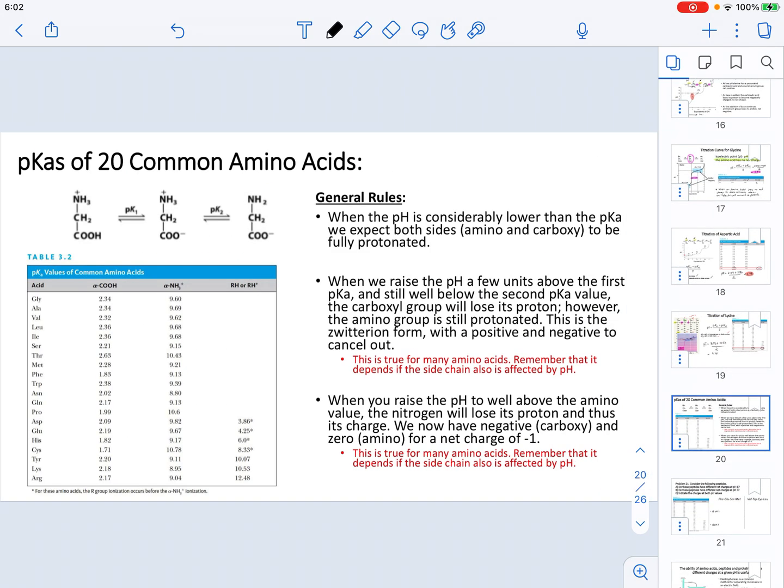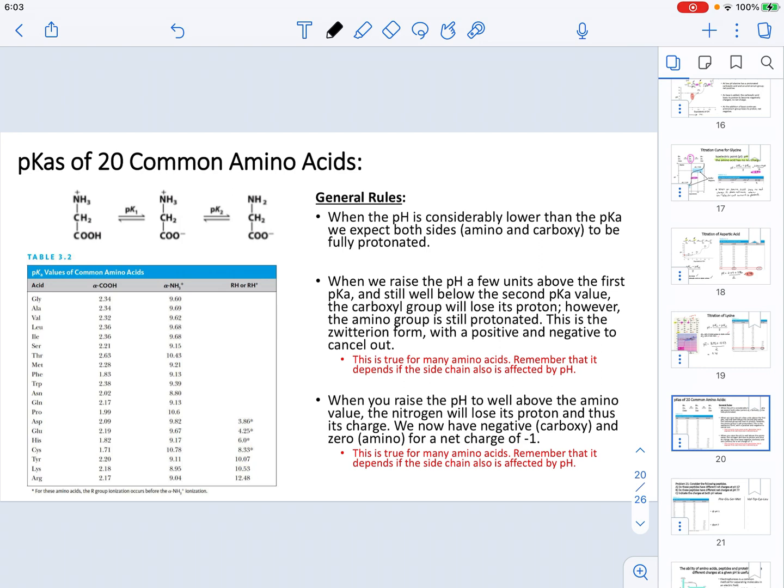Now, understand that there are going to be these pKa's for the 20 common amino acids. And overall, it is important to understand how they are going to look when they are by themselves or when they are in the context of a peptide or protein. So the general rule is that when the pH is considerably lower than the pKa, we expect both sides, meaning the amino side and the carboxylic acid, to be fully protonated.